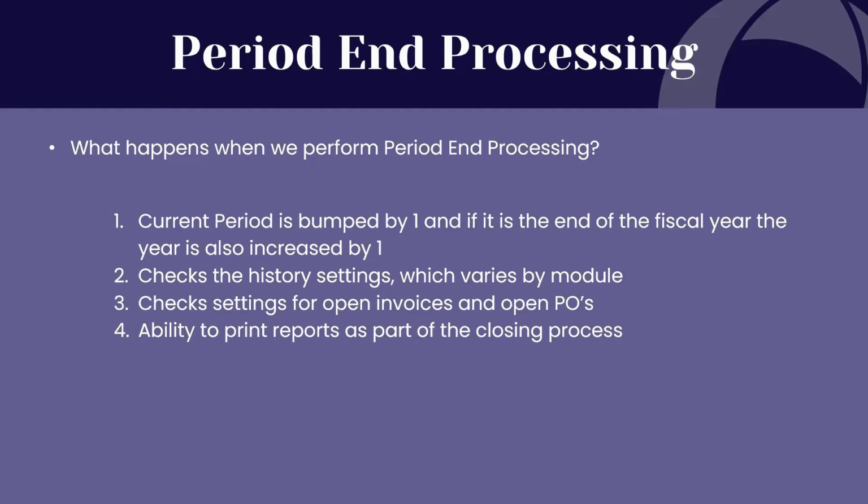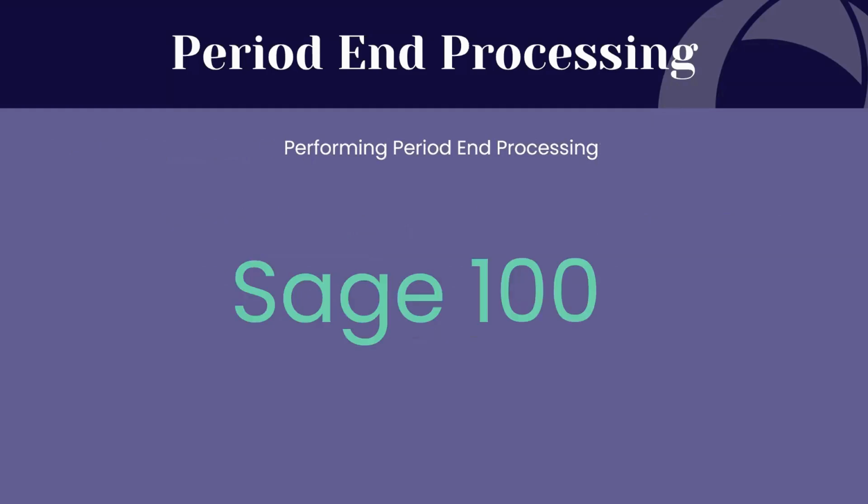And then it determines if it's time to remove some of the history or some of the open invoices and open purchase orders. I'll explain some of that when we look at some of the options. And then if it works best for your processes, you've got the ability to print some of those reports as a part of that closing process.